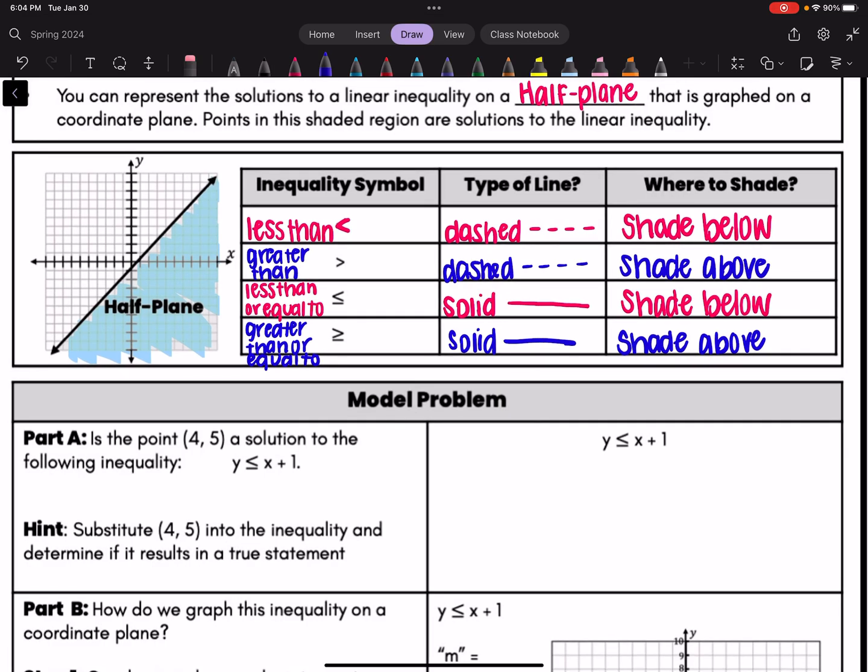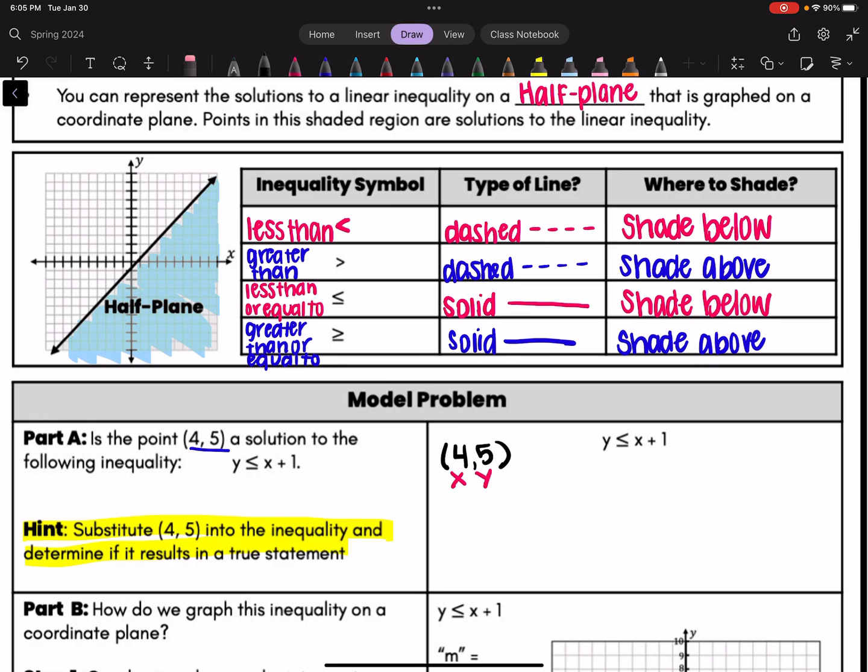So before we get to actually graphing, let's go ahead and look at what a solution would look like mathematically using our inequality. Okay. So part A, we want to know, is the point (4, 5) a solution to the inequality y is less than or equal to x plus 1? Right. And the hint that they give us at the bottom says, let's go ahead and substitute the point into the inequality and see if it results in a true statement. So looking at our point (4, 5), 4 is my x coordinate and 5 is the y coordinate.